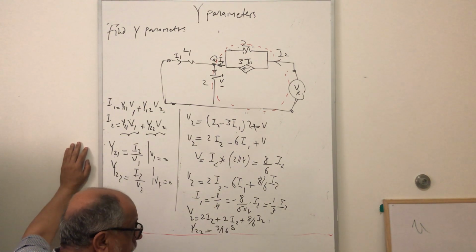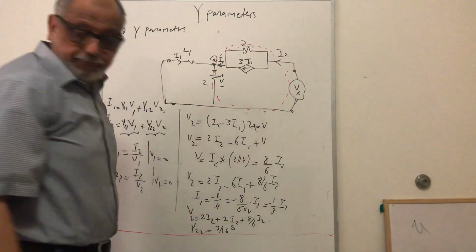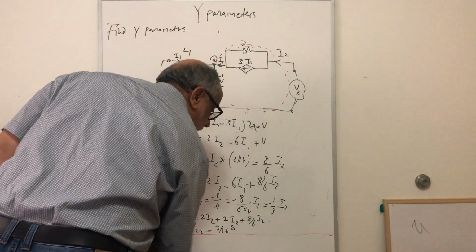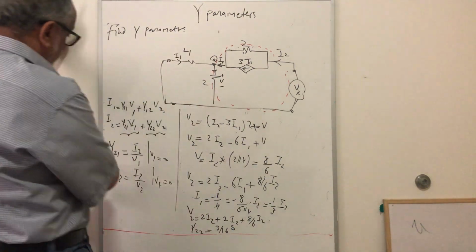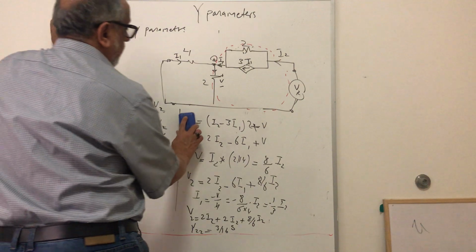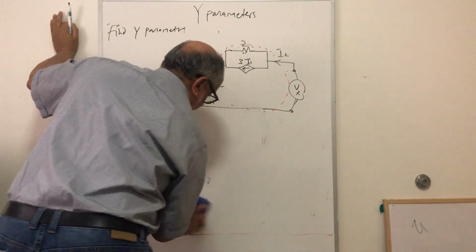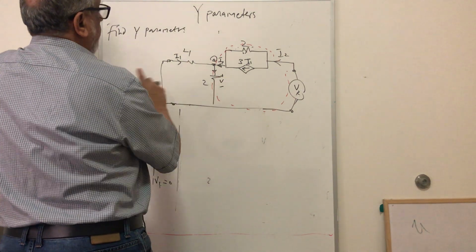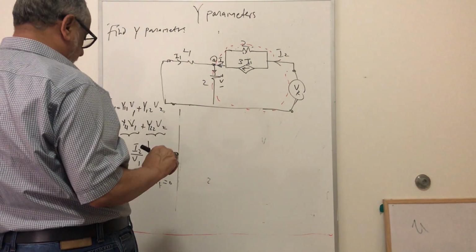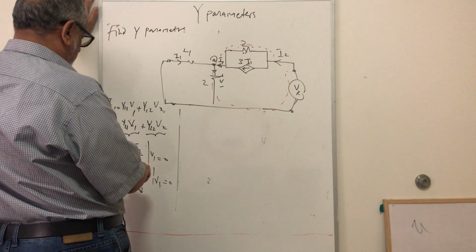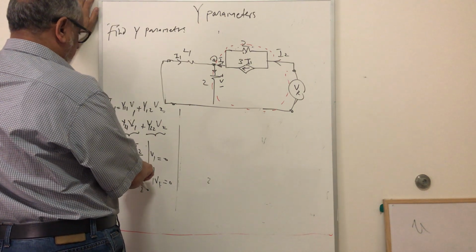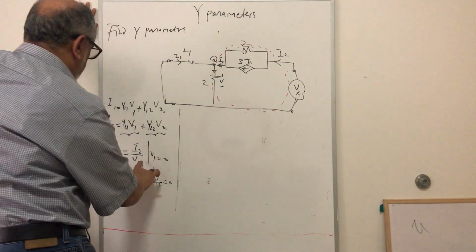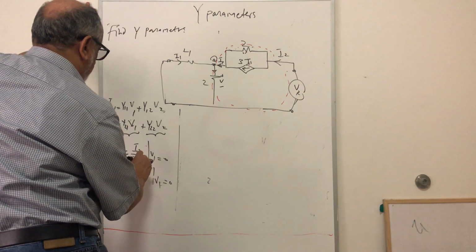So that is for y22. Now to find y21, which is this one, it is I2 over V1. So we have to find the relation between I2 and V1, right? I2 and V2, sorry, when V1 equal to 0.